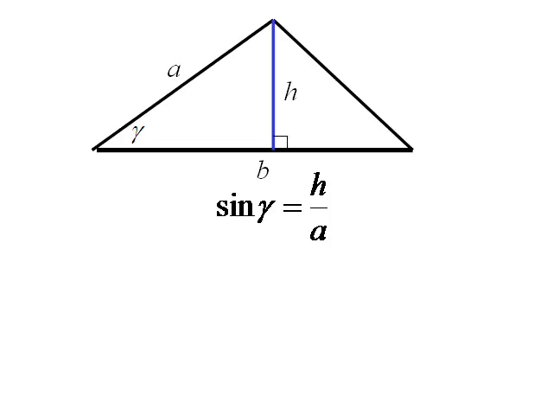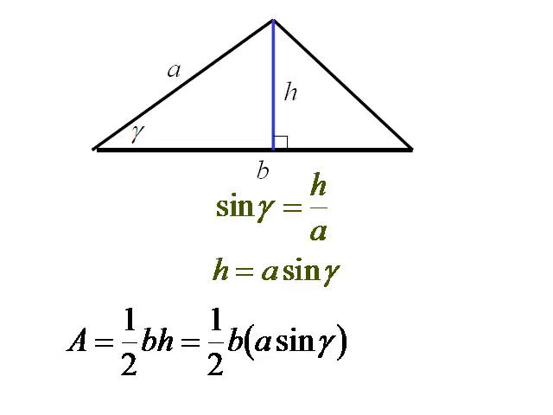That would be h over A. And so h, in terms of the known things, is A times the sine of gamma. And that means that if you use that in the formula 1/2 base times the height, you can express what the area is in terms of things that you're more likely to be given. In particular, lengths of sides A and B and the angle between them.